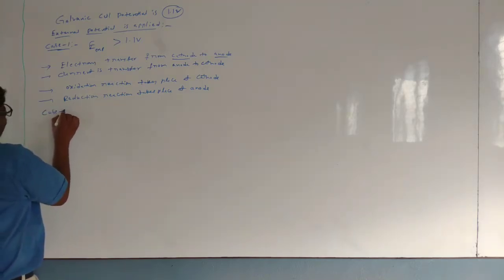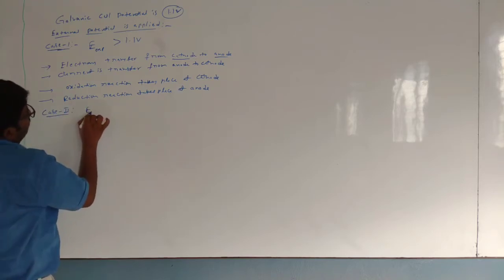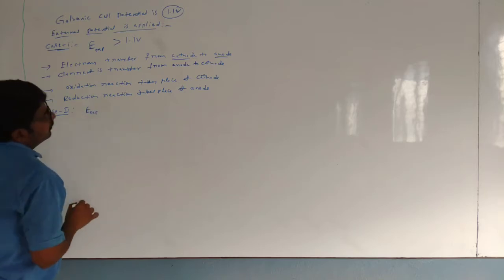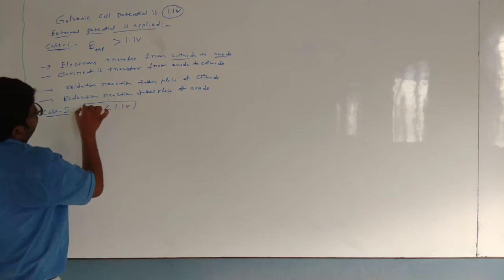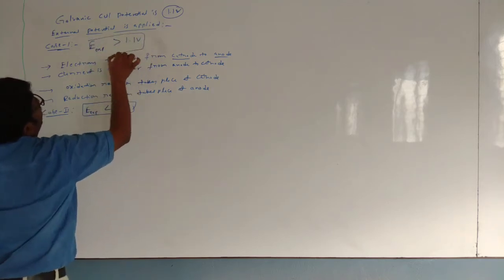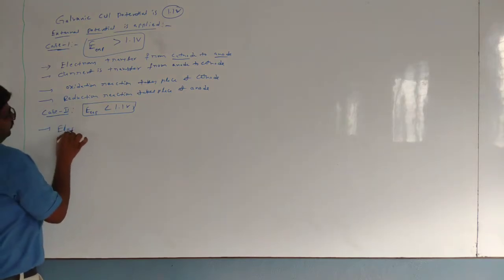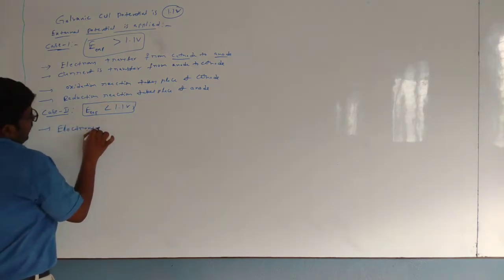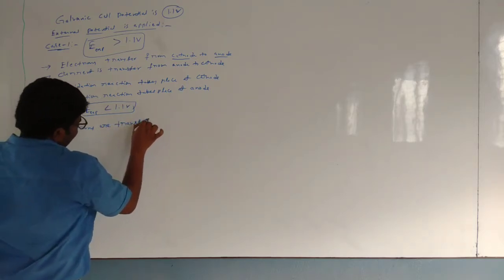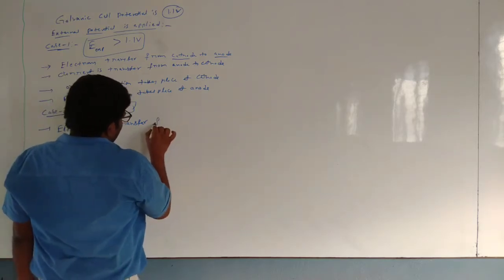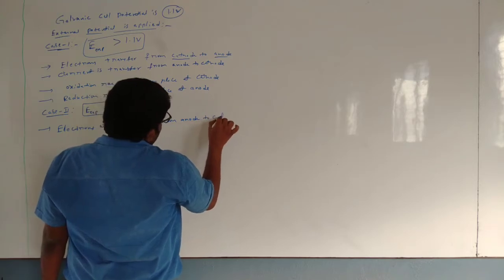Now case 2. Here the external potential energy is less than 1.1 volt. Then the electrons are transferred from anode to cathode.